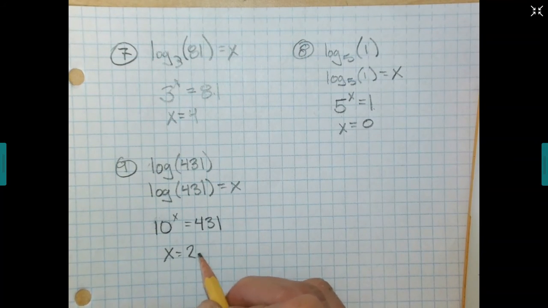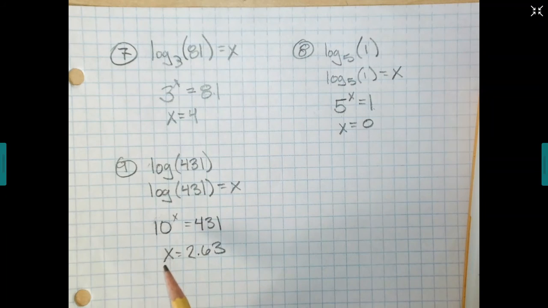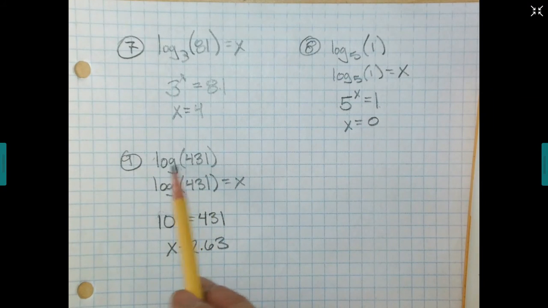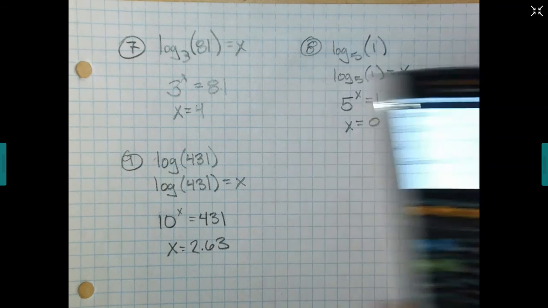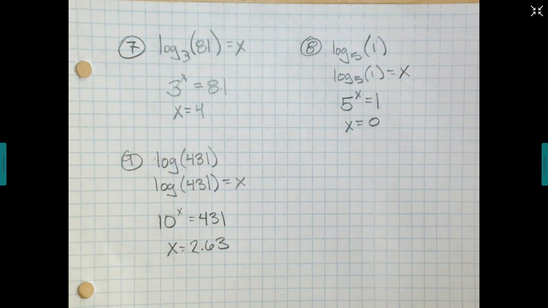X equals 2.63. So in order to solve one like this, I would go backwards up to here and plug it in the calculator as a log problem. Log 431 equals 2.63. So there we have it.